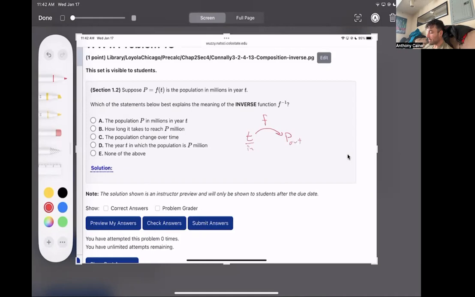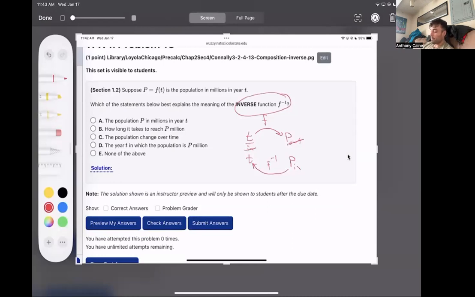Now f inverse goes the other way. If I told you a population, if instead p was my input, can you tell me the year where that population occurred? That is the idea of doing f inverse. It's working backwards. Okay, and this is where I should have slowed down and really read the problem.